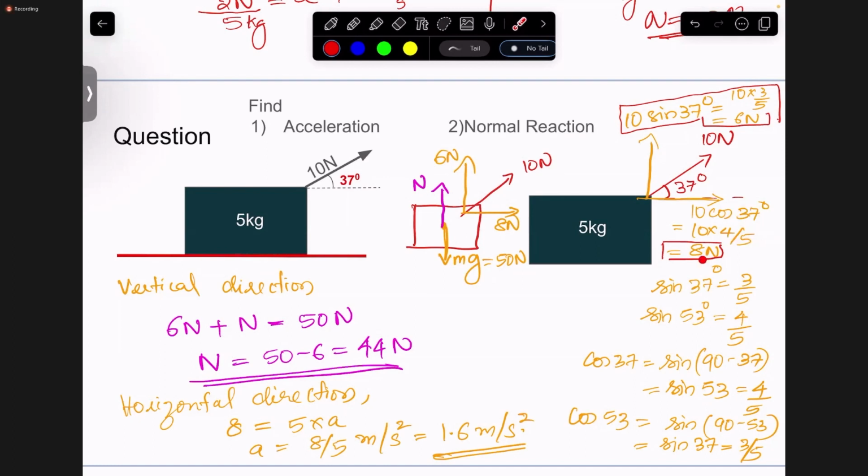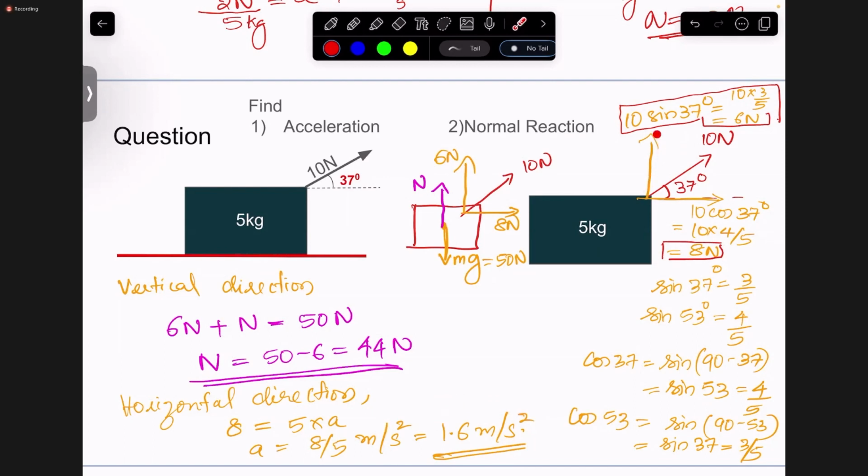So that will be lesser than 8 Newton, so the acceleration will also be lesser than 1.6. If it increased to 53, to 60, to 75, you can imagine that the horizontal component of the force will reduce proportionally, and a similar effect will be reflected on the acceleration also.